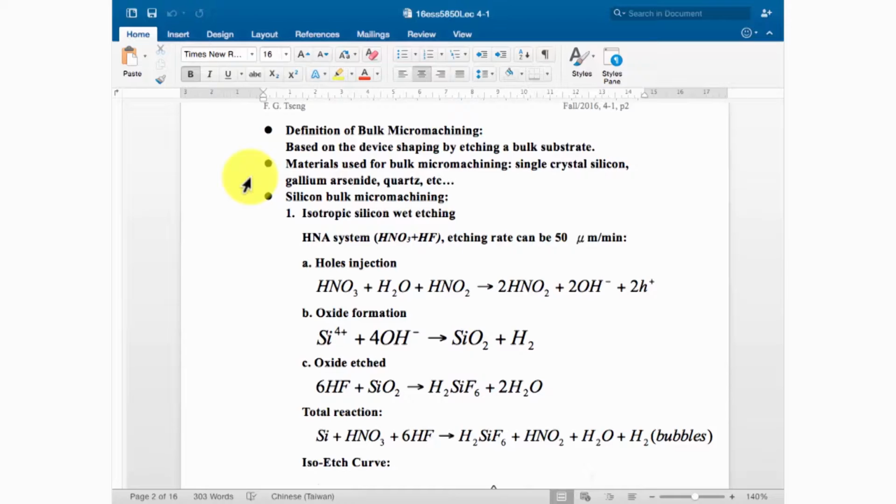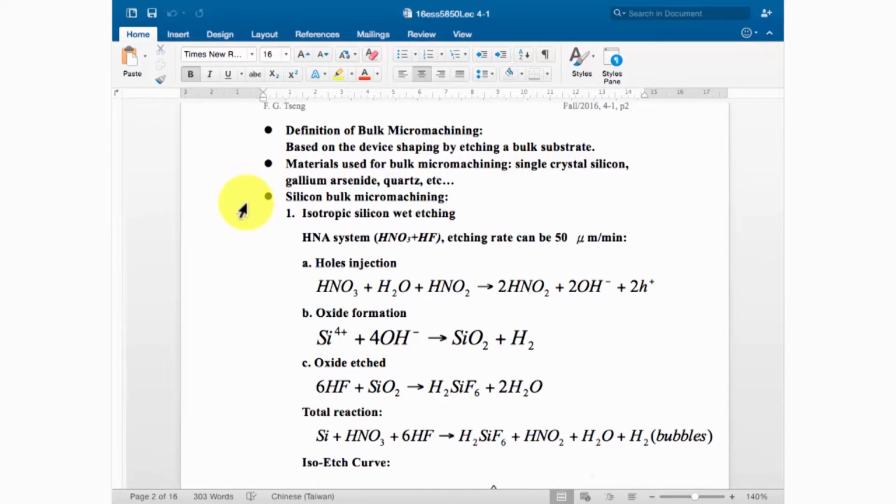Also, silicon is connected with the semiconductor industry, so it's easier to connect the mechanical material with IC or different electrical devices. That's why in this class we mostly consider silicon as a mechanical material. We will not mention too much about the others.